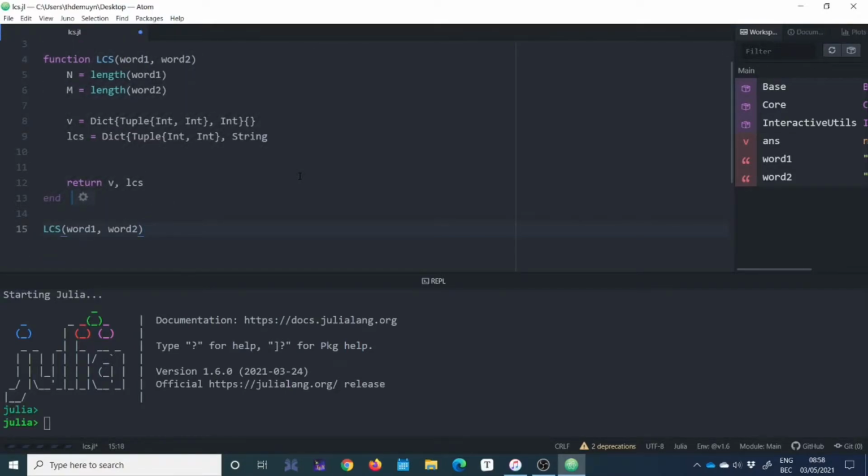It's awfully slow because I made an error somewhere. Yes, here, of course.